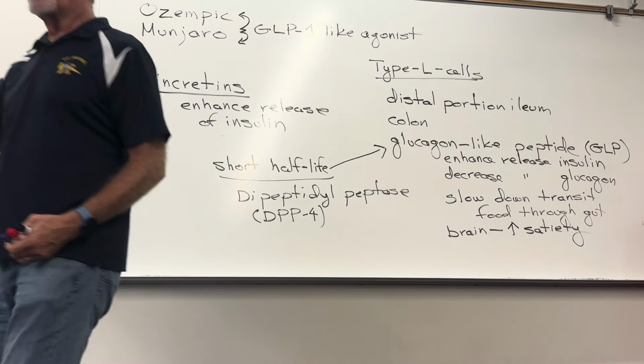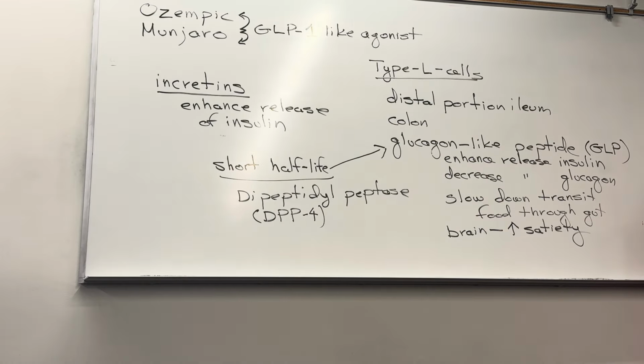As the food's going through the gut, we've got these GLP-like agonists in the blood, and that slows down the transit of food through the gut, so you feel full for a longer period of time. On top of that, the GLP is talking to the brain, saying, hey brain, I've got some food going through the gut.